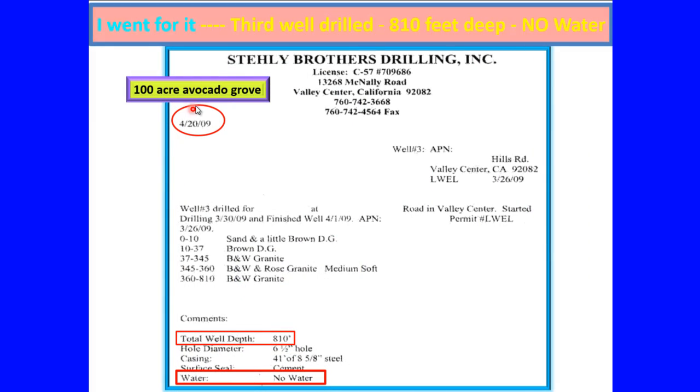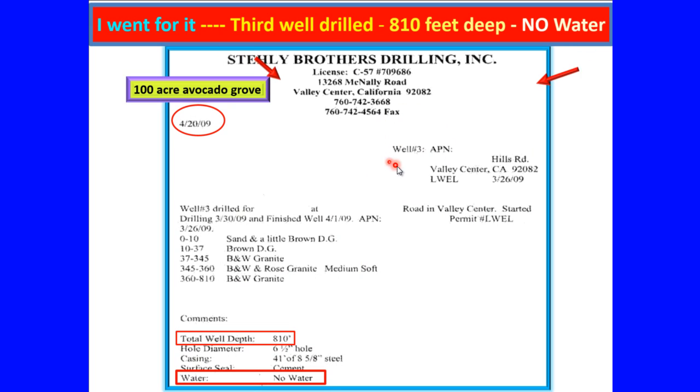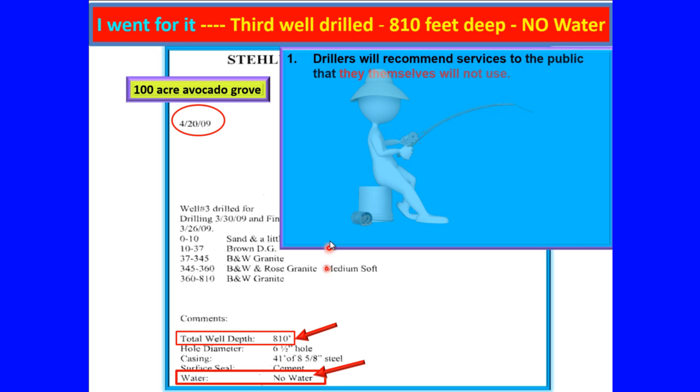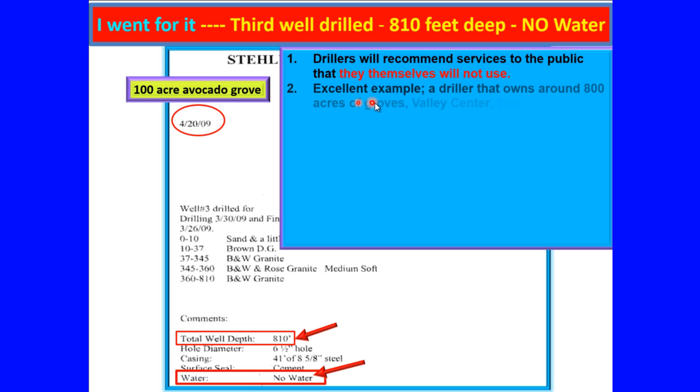I went for it. Third well drilled. 800 feet deep. No water. Drillers will recommend services to the public that they themselves will not use. Excellent example.